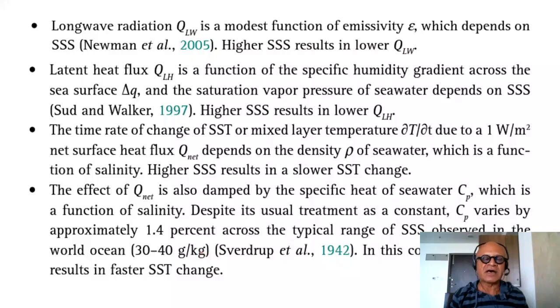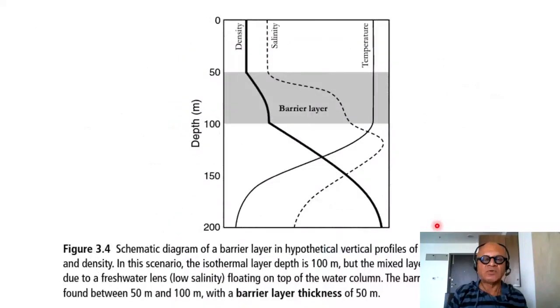In this context, higher sea surface salinity results in faster sea surface temperature change. So you can see the compensating effects here of slower change because of net surface heat flux through these effects, and faster SST change due to CP dependence on density, but nonetheless we will leave it there.